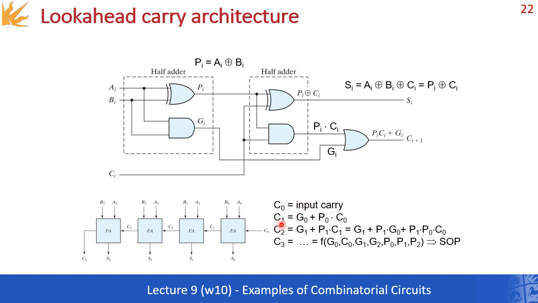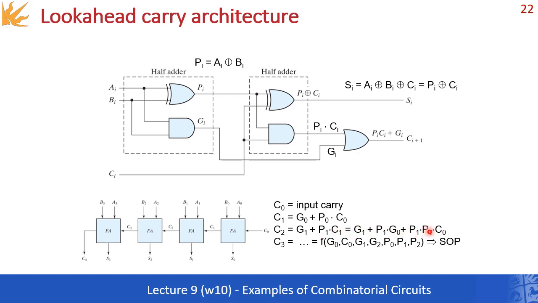The first carry in after the input carry is the result of G0 from the first half adder, or P0 and C0. The same applies for C2. It comes as a result of ORing G1 with P1 times C1.